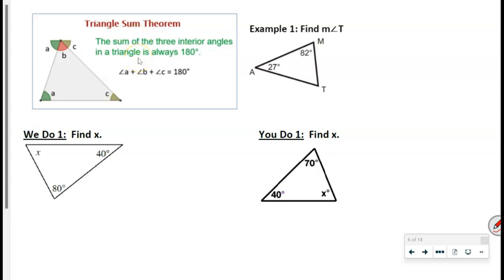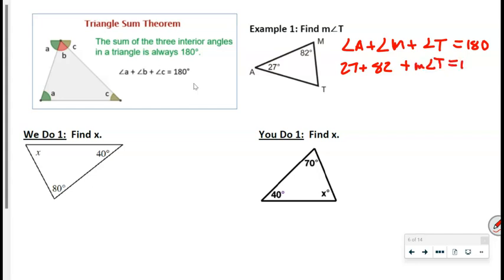And again, what it says is that when we add the three angles together inside the triangle, they always equal 180. So in example 1 up here, we're going to add angle A plus angle M plus angle T, and they should equal 180. So we're going to do 27 plus 82 plus the measure of angle T equals 180.